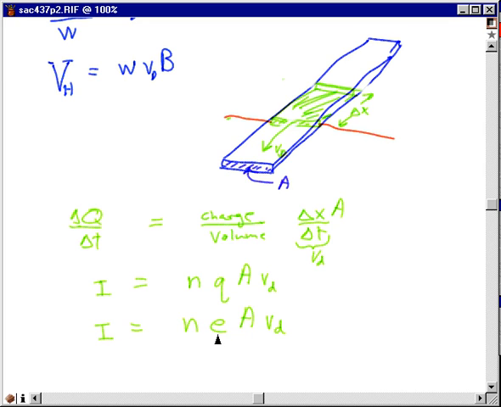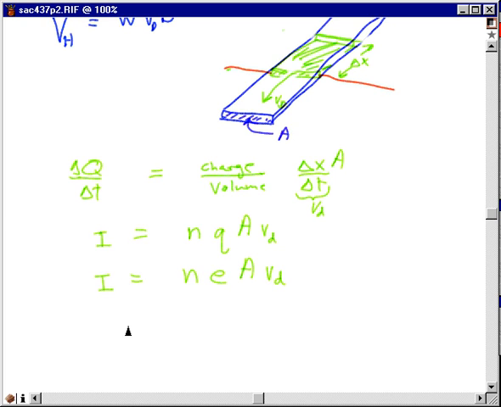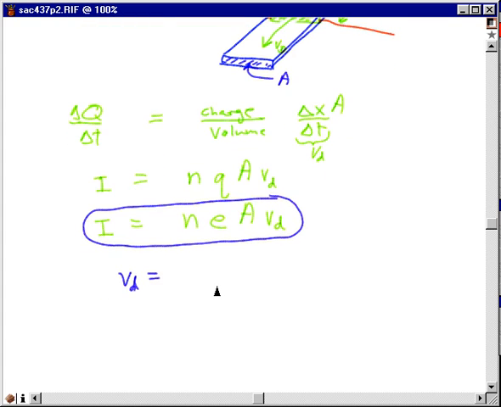It depends on how much charge each particle has, and it depends on the number of particles per volume. We can solve this for v sub d, and this is actually a formula given on your formula sheet. So I've derived it here. Think of that as a review, but you could just copy that down from your formula sheet, unless you're being asked to derive it. One could be asked a problem like that.